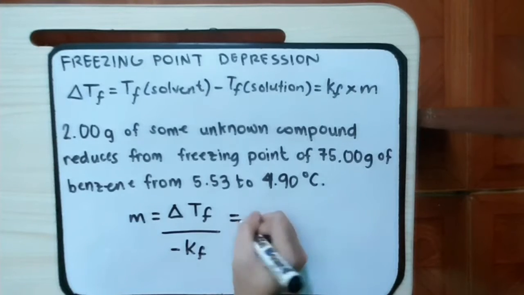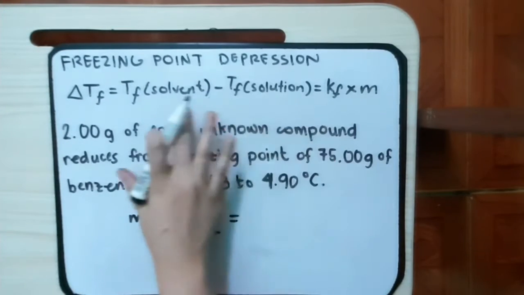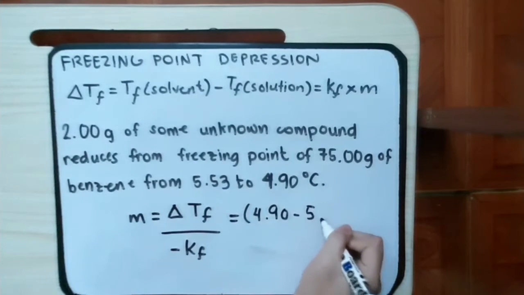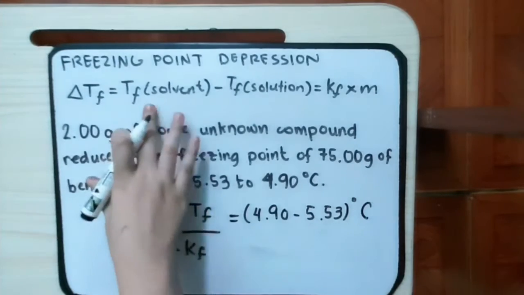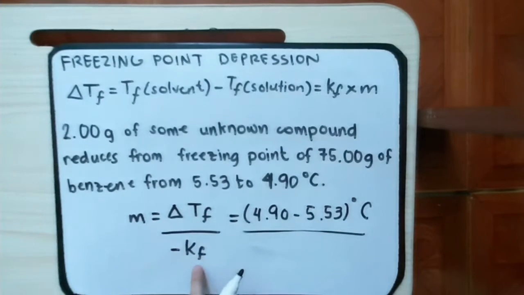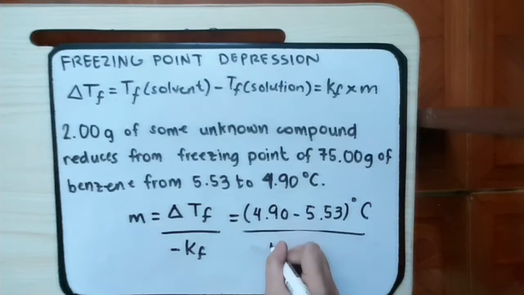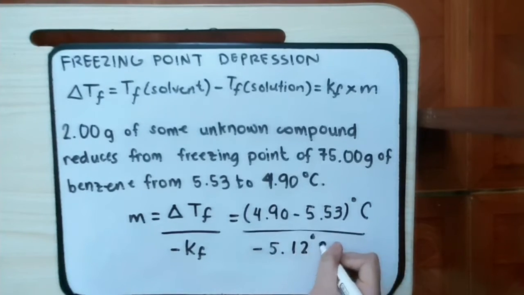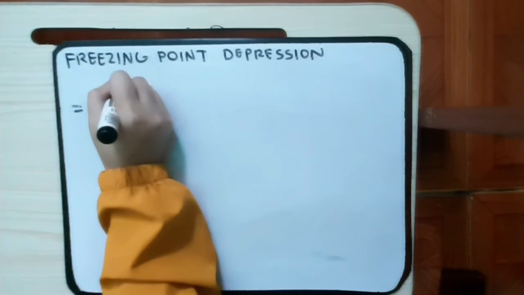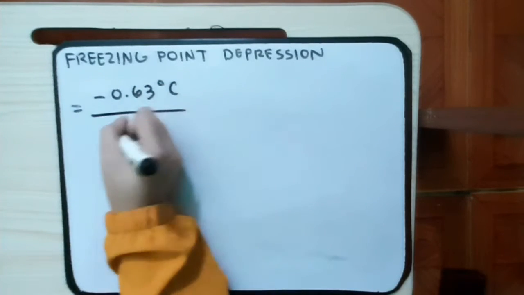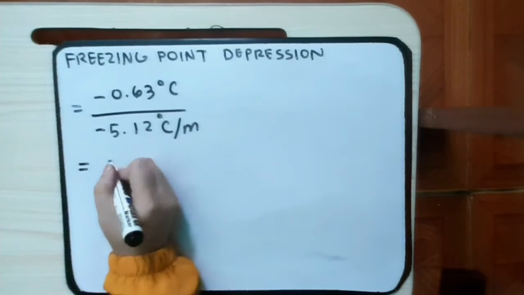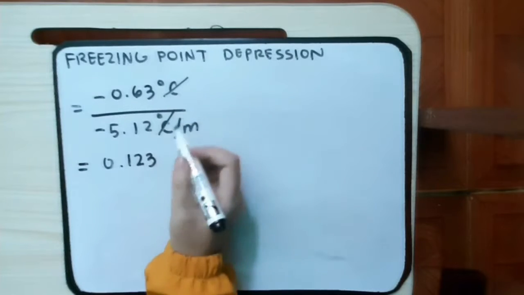Then substituting, we have 4.90 minus 5.53 degrees Celsius, that is our TF solution and our TF solvent, over negative KF, which is negative 5.12 degrees C per M. Then we have negative 0.63 degrees Celsius over negative 5.12 degrees Celsius per M. Calculating this, we will have 0.123, cancel the Celsius, M.